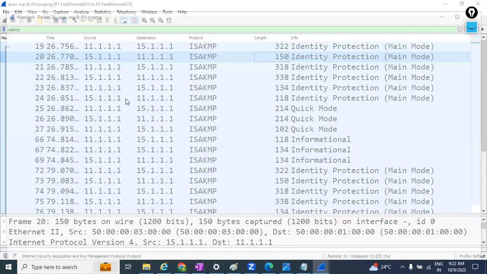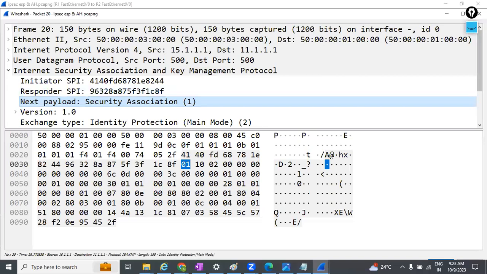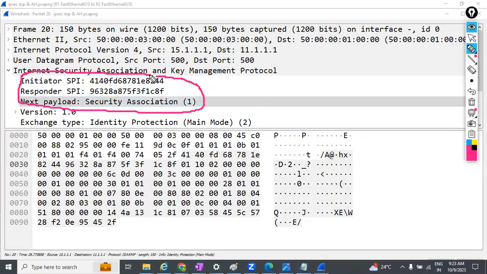Let's consider I'm asking you: could you tell me whether this is the first message or the second message? How would you identify it? Can you identify it by seeing this information? Responder SPI.